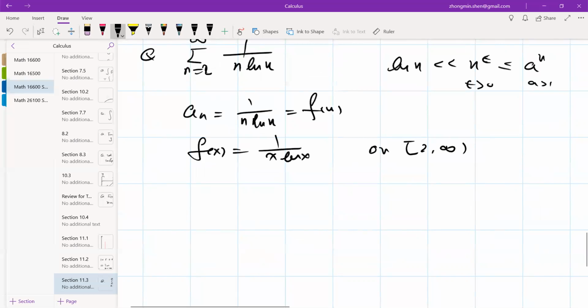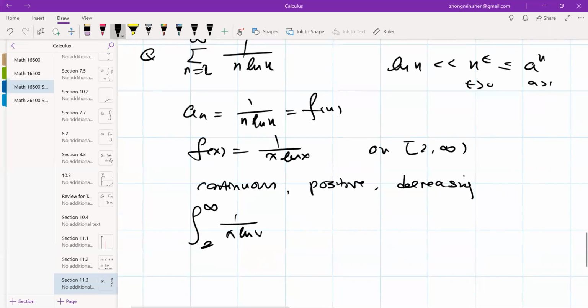I think it's continuous, positive, yes, and decreasing, clearly decreasing to 0. Let's look at the integral of this function. I think I can evaluate.